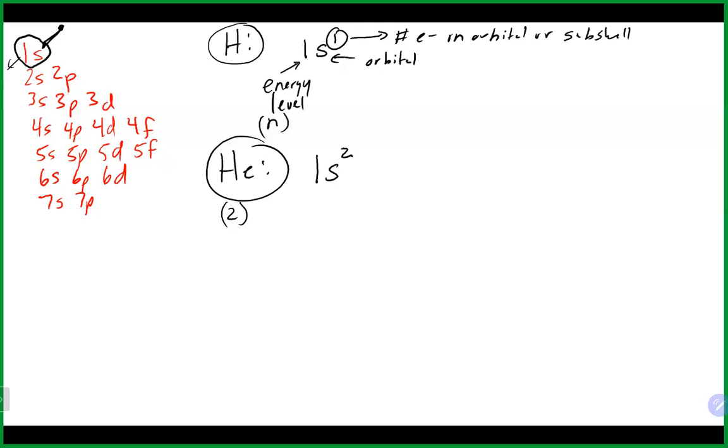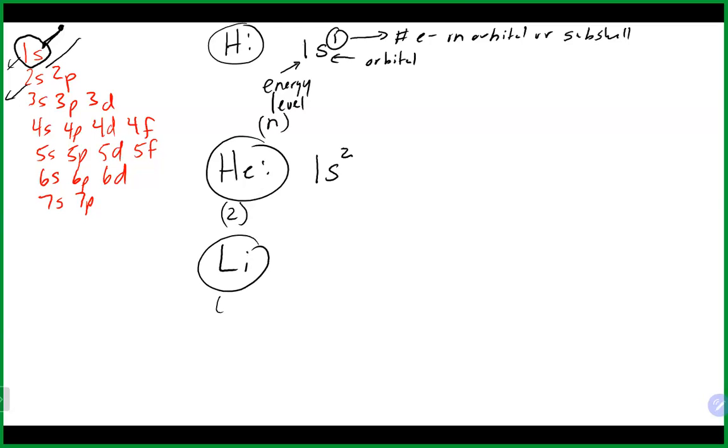The 2 on top is how many electrons are in that particular orbital. Can I put any more electrons into that s orbital? I cannot, because it can hold a maximum of 2, and it is full at this point. If I have more electrons, I have to zigzag and come back through this way, to 2s next. And that happens at lithium.